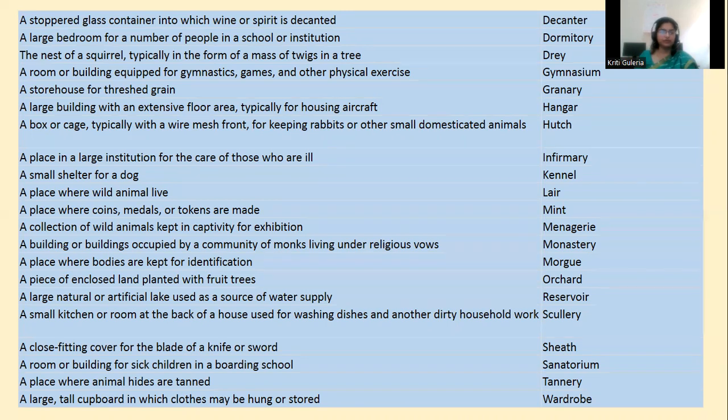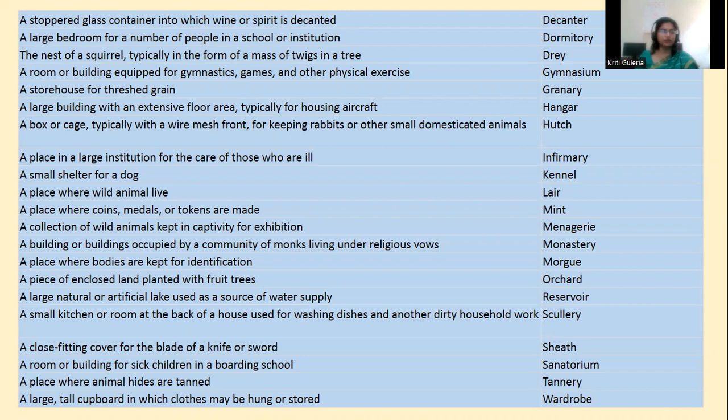A building or buildings occupied by a community of monks living under religious vows is monastery. A place where bodies are kept for identification is morgue. A piece of enclosed land planted with fruit trees: orchard. A large natural or artificial lake used as a source of water supply is reservoir.